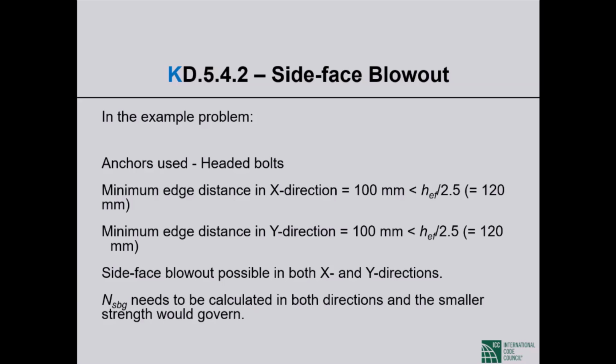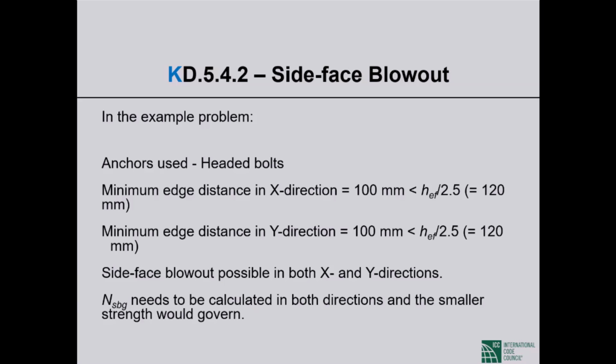So in our example problem, anchors used are headed bolts. Minimum edge distance we have is 100 millimeters, which is less than 40% of 300 millimeters, which is 120 millimeters. So in the X direction, we have an edge distance shorter than 40% of the embedment depth.